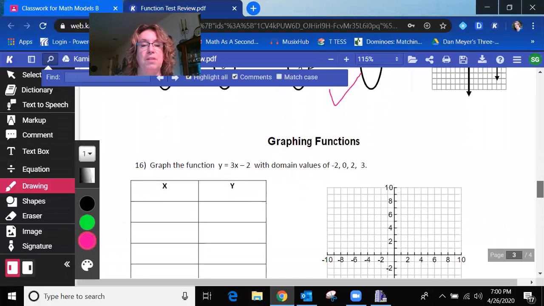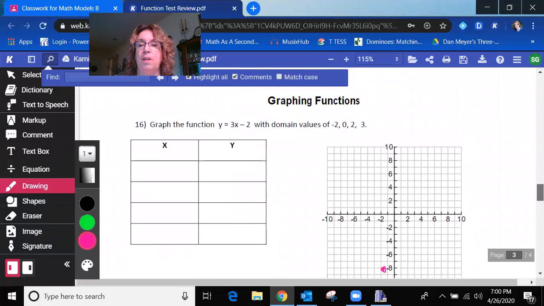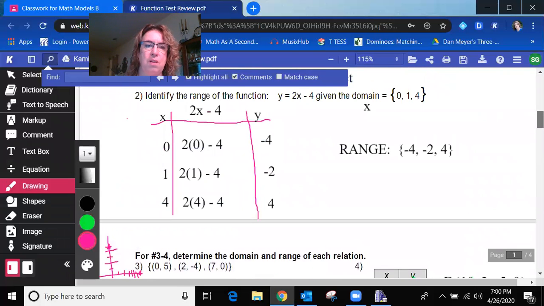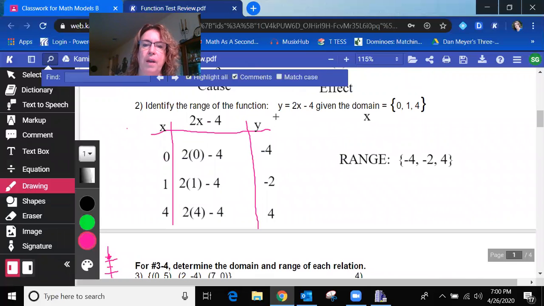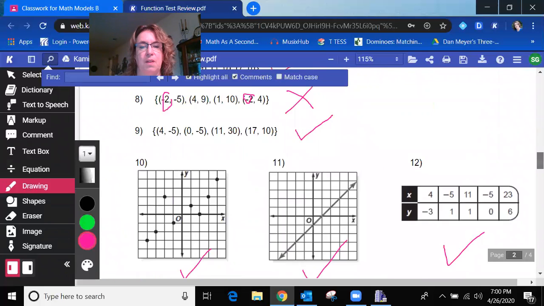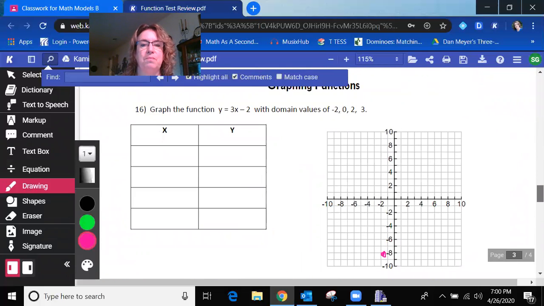So those are some amazing ones. Now here is one that you may not have a lot of practice with. It's very similar to number 2 that we did a while ago. I have an equation and a set of domains, and we're going to find out what the range is. I have a function rule. It's not in a table, but this is what I need to keep my eye on, 3x minus 2.